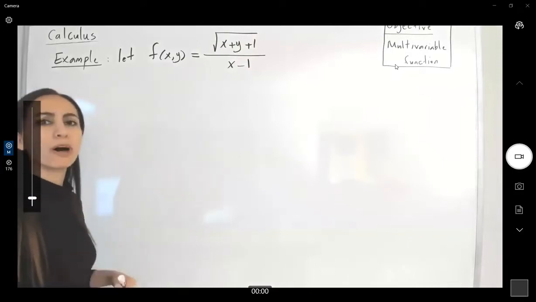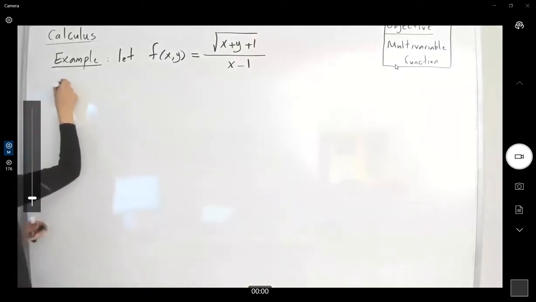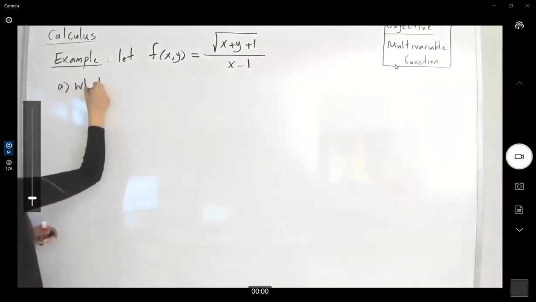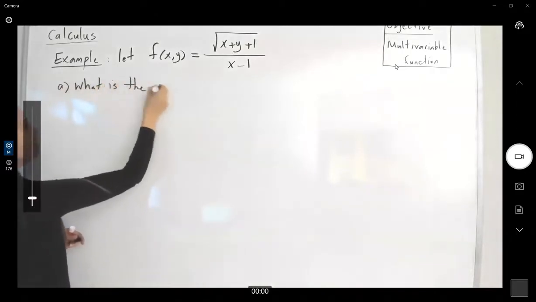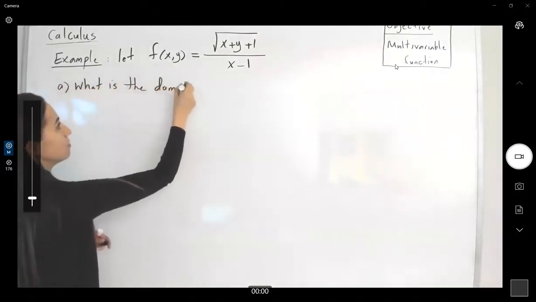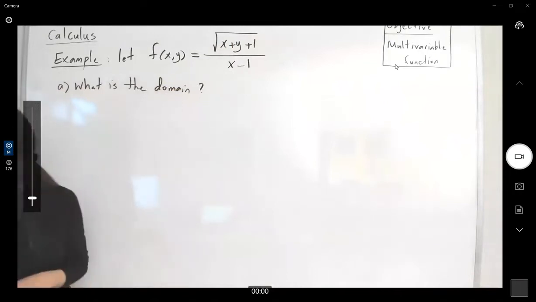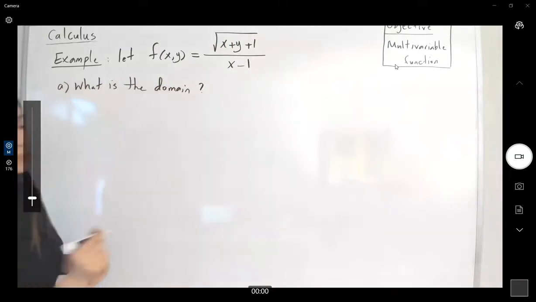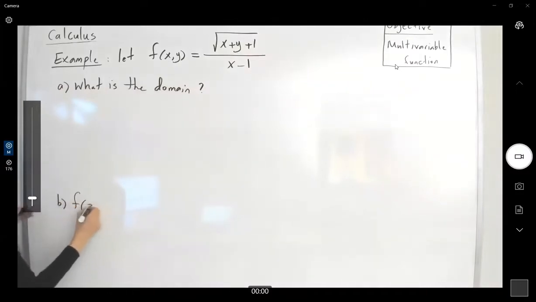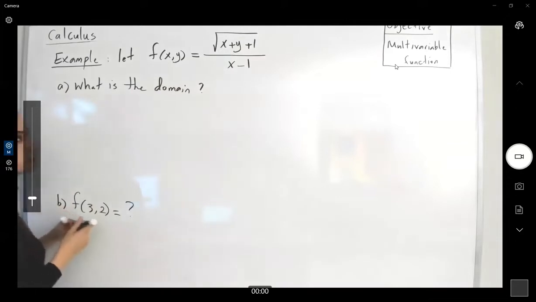First of all, what is the domain of this function? And second of all, what is f of 3 and 2? What if I plug in 3 and 2 for this function?